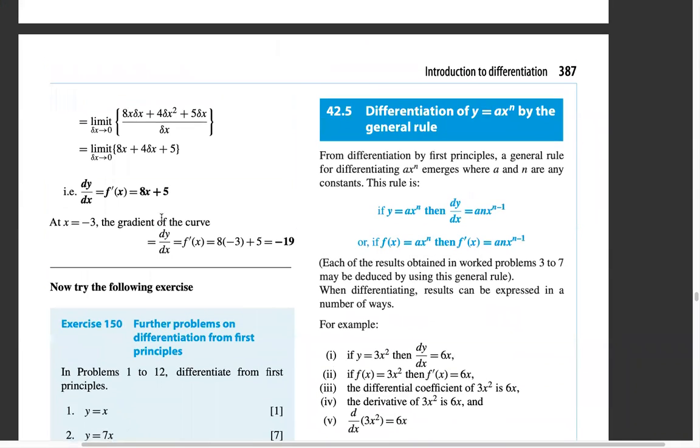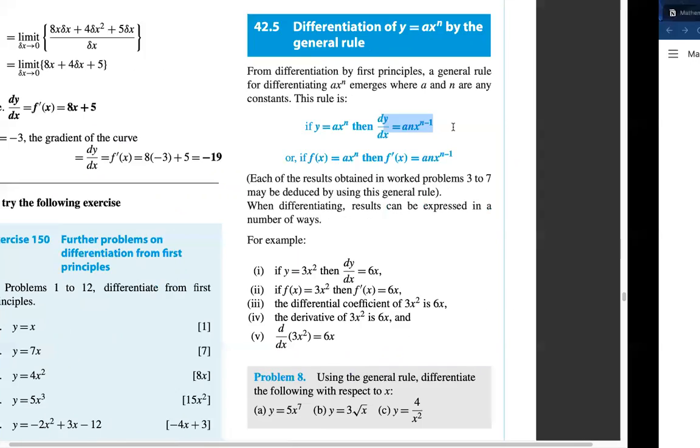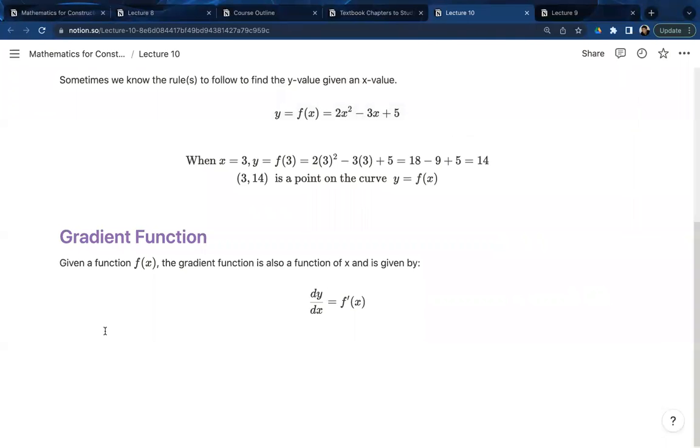So we won't go through first principles because that's kind of long. We want to find the gradient function of a simple polynomial, ax to the power n. And they give this rule here. If y equals ax to the n, then dy dx, there's actually a formula for it, right? And you know in mathematics, we love formulas, right?